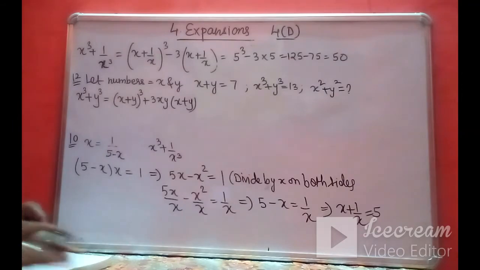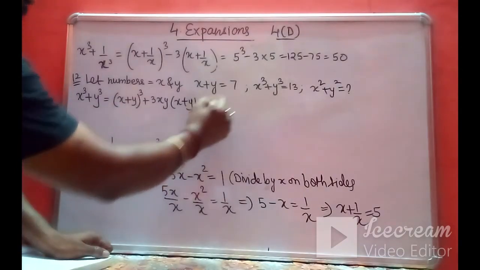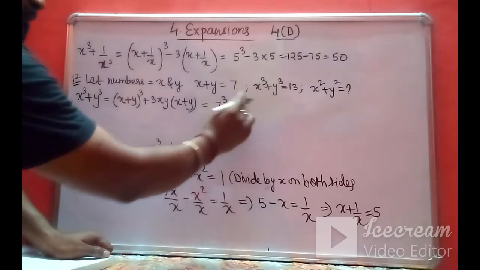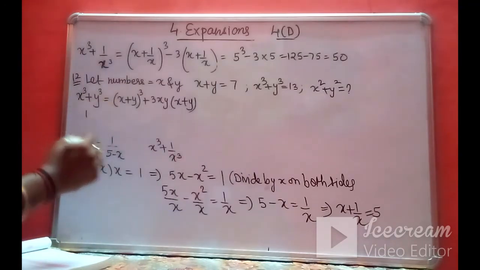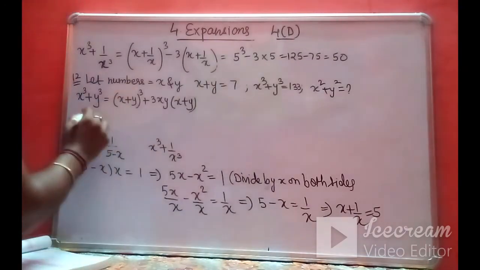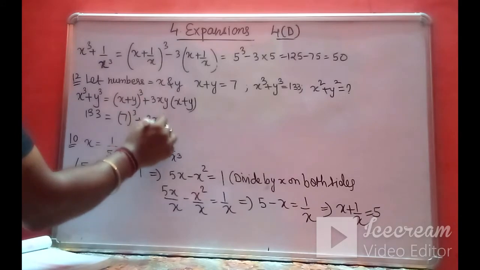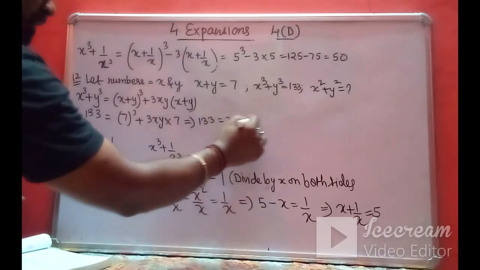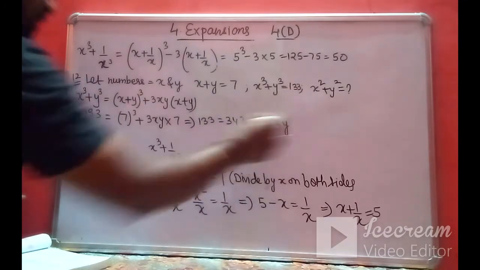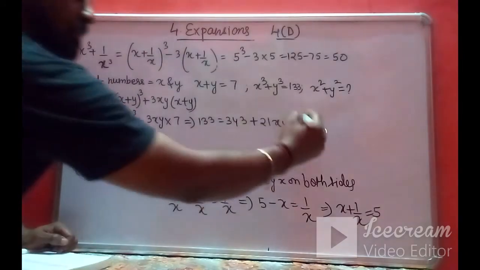Actually, to find this value, I am trying to find the product of x and y. So what is x plus y? 7. We will put the values. So 133 equal to 7 cube minus 3xy into 7. So we will get 133 equal to 343 minus 21xy.